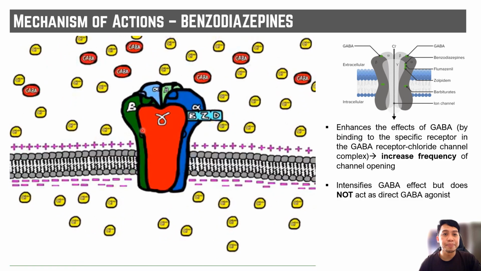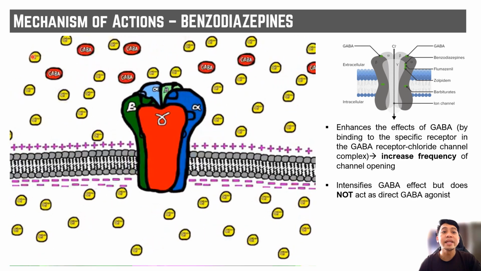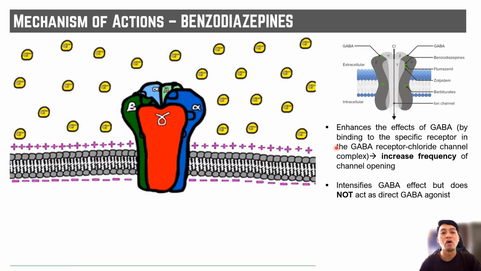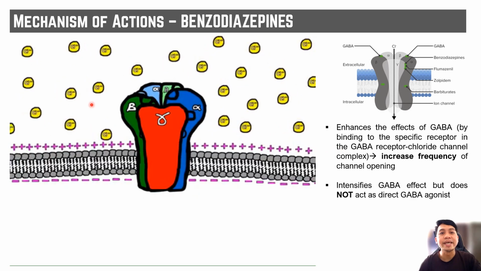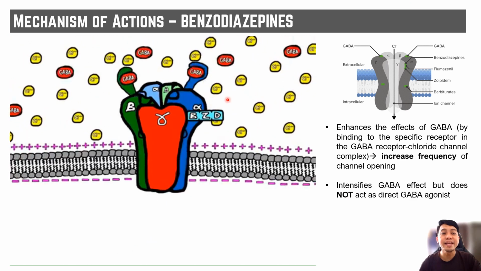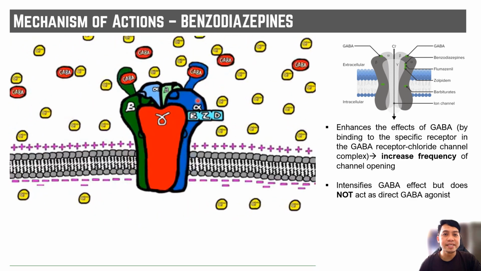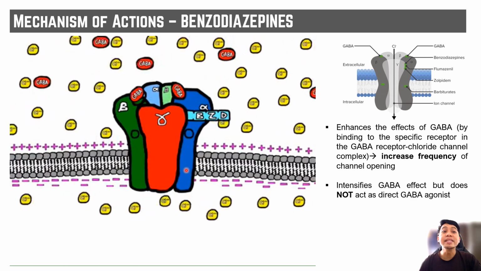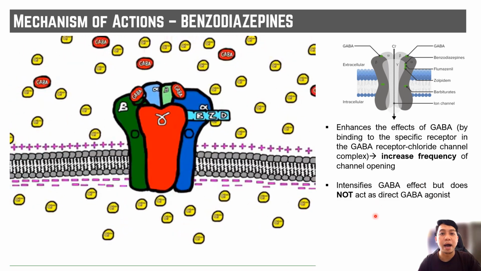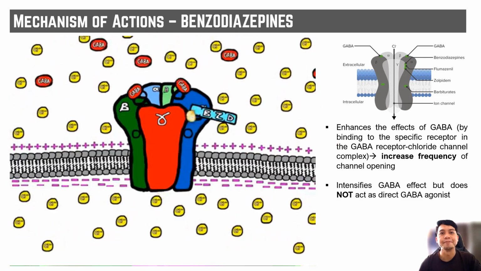Once it binds to the benzodiazepine binding site on the GABA A receptor complex, it enhances the receptor affinity for GABA, which increases the frequency of channel opening, consequently increasing chloride influx in the neurons, which causes hyperpolarization and decreases neuronal firing. So it intensifies the GABA effect but does not act as a direct GABA agonist, which limits the amount of CNS depression by benzodiazepines.